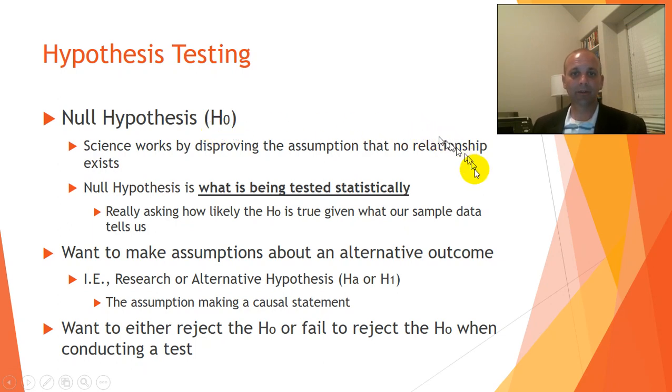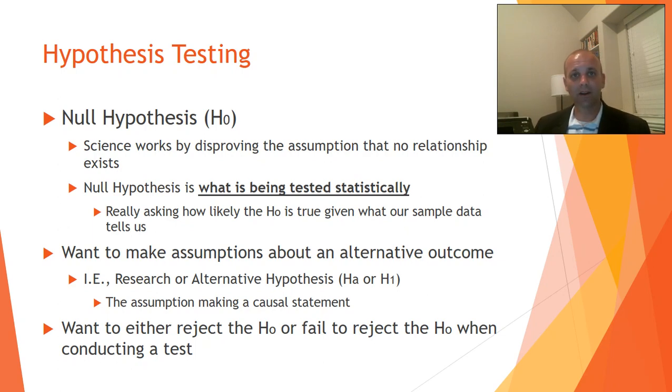So science works by disproving the assumption that no relationships exist, okay? And that's how knowledge progresses, right? And that's how we move from the idea that the world's flat to it's actually round. Everybody at one point in time knew that the world was flat, so if you sailed your boat across the ocean or out far enough, you're going to fall off the side of the world and you're all going to die.